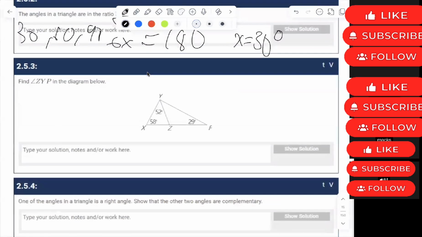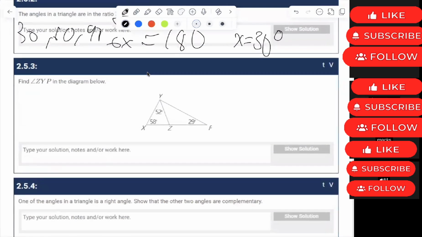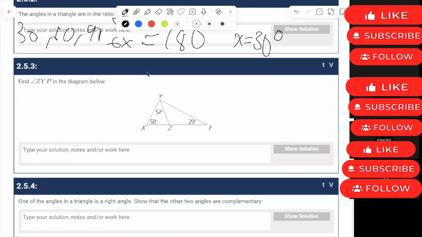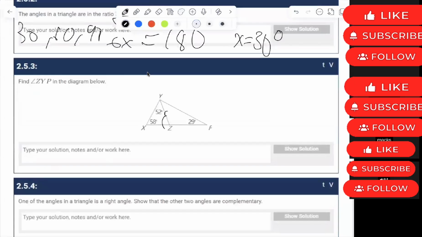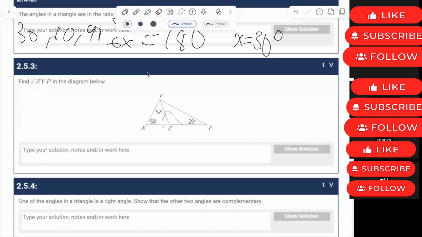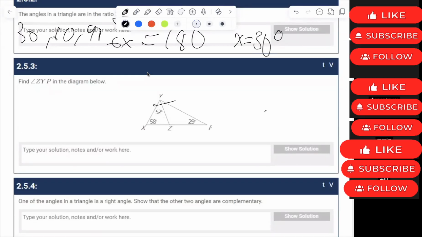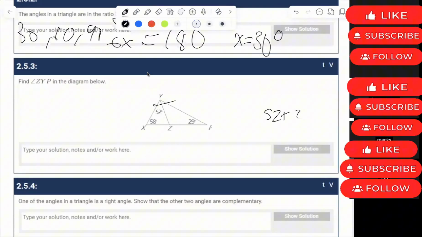And we want to find ZYP in the diagram now. We're given these angles, and what do we do? We angle chase. 58, 29, what is the thing we can find? Well, we don't need to find this angle. We don't need to find this angle. We can just go straight to the shortcut and find this angle. This is just 52 plus ZYP.